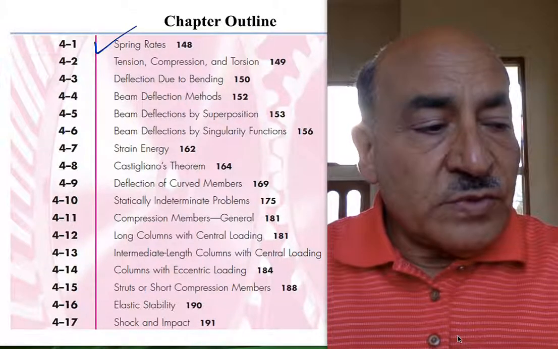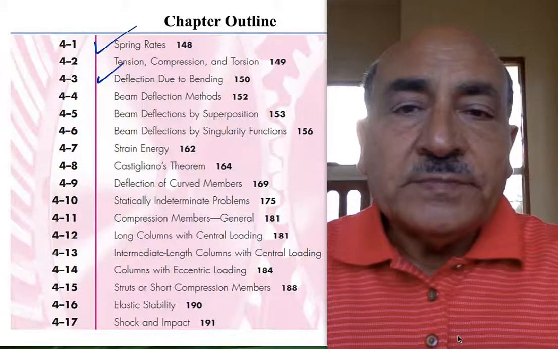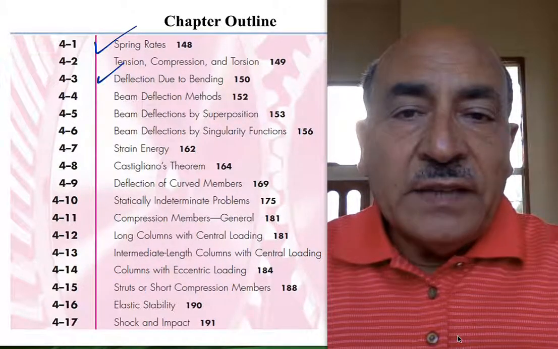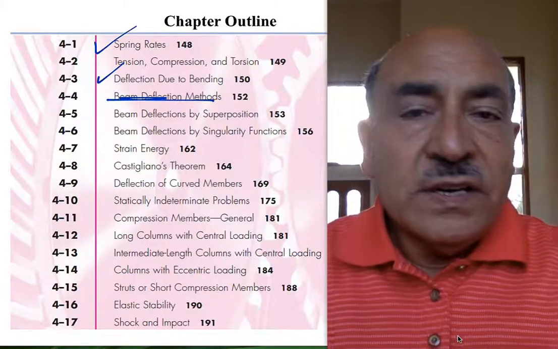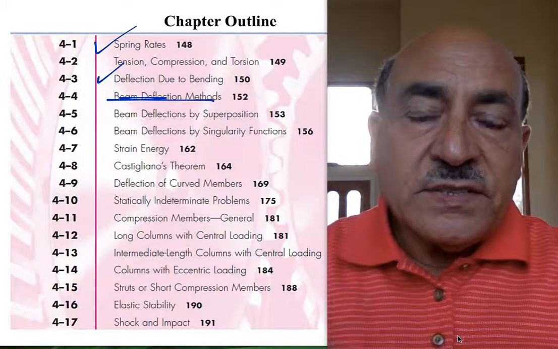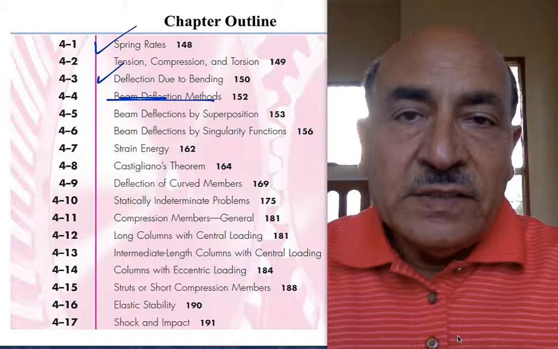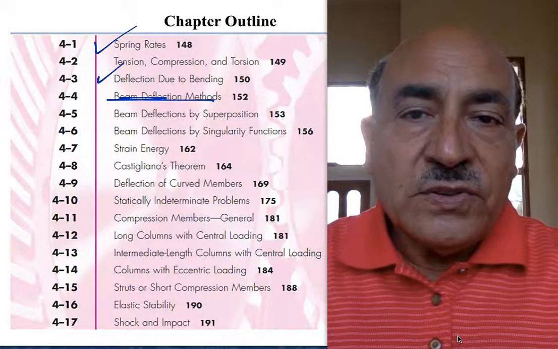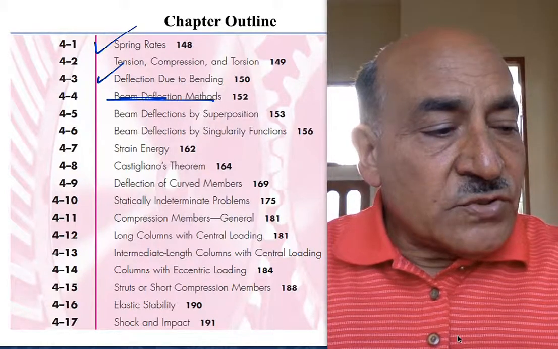And then we will focus on the deflection due to bending, and we discuss several methods used for calculations of beam deflection. But because there are so many different methods and we have limited time in the course to go through them, we will focus on two methods.